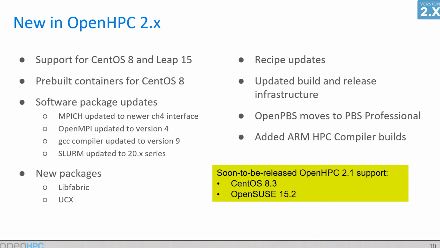We also provide pre-built containers for CentOS 8, and that includes a large number of the OpenHPC performance libraries and components pre-installed into a container for easy use. And with 2.0, we also upgraded the MPI, GCC, Slurm to the latest components, as well as added direct support for libfabric and UCX into the components.